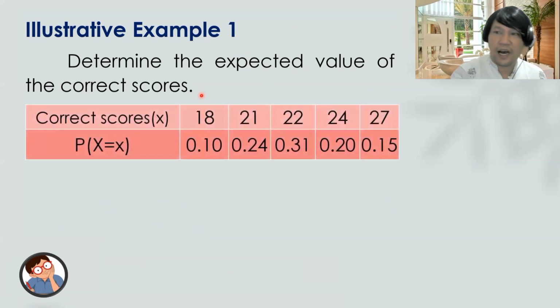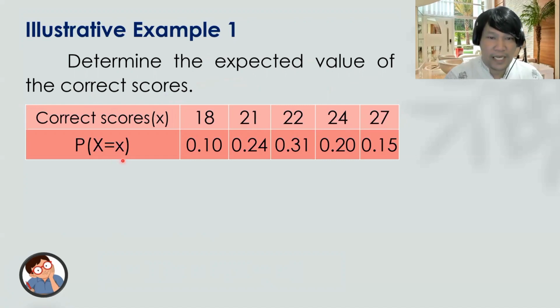And here is our probability distribution. For correct scores, we do have 18, 21, 22, 24, 27. These will also serve as our random variables because we are talking about correct scores obtained in a certain examination.